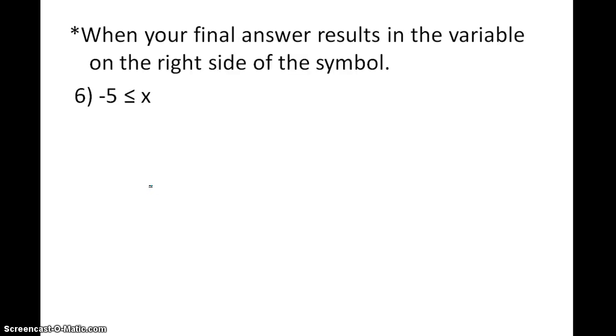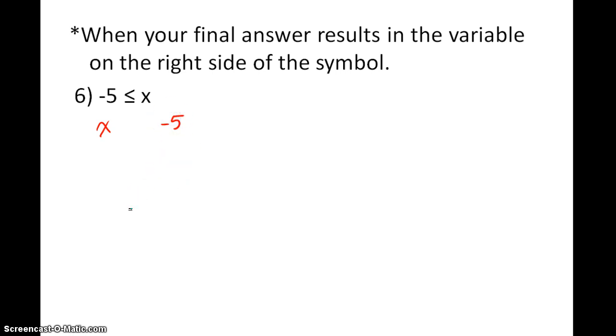The third and final case is when your answer results with the variable on the right side, like I have for example number 6. The variable is over here on the right side. It's easier to graph, when you start graphing inequalities, when the variable is on the left side and the number is on the right.